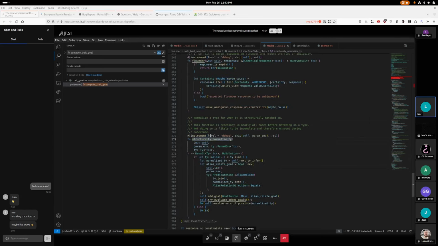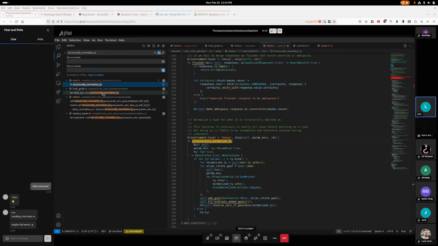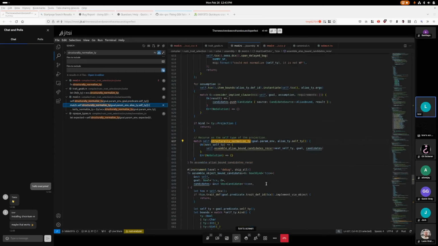And that is used a bunch of times. For example, right at the start of assembly, for trait goals, and also when normalizing associated types, we immediately try to normalize the self type as much as possible. And there are some goals where we also have to structurally normalize other types. Structurally normalize only normalizes the outermost type constructor.